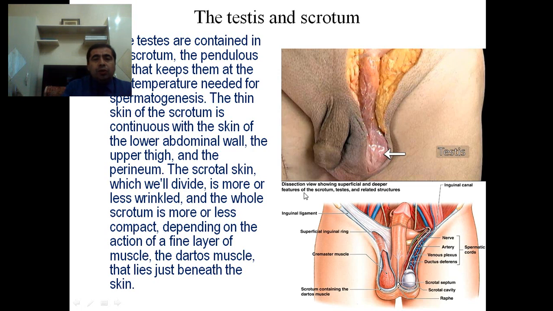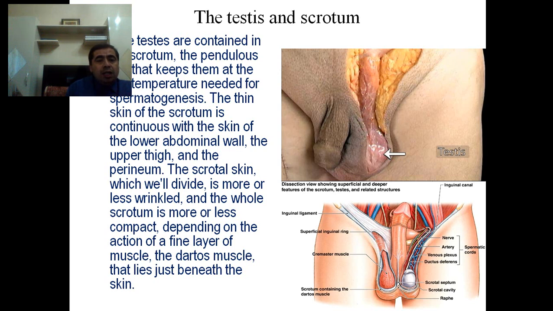The testes are contained in the scrotum, the pendulous sac that keeps them at the low temperature needed for spermatogenesis, because the main function of the testes is producing spermatozoa. It's a very complex process, and for its organization the testis needs a temperature lower than in the abdominal cavity.